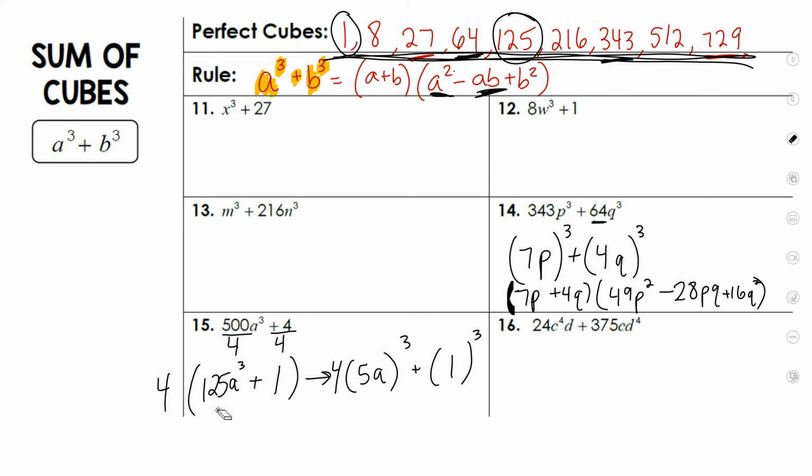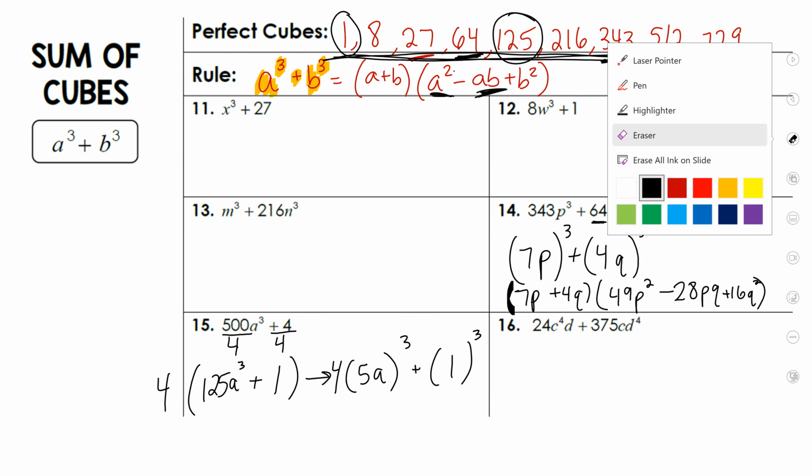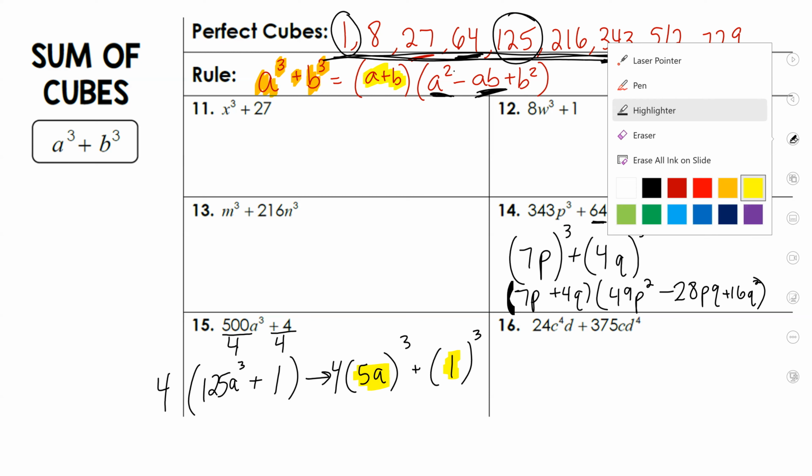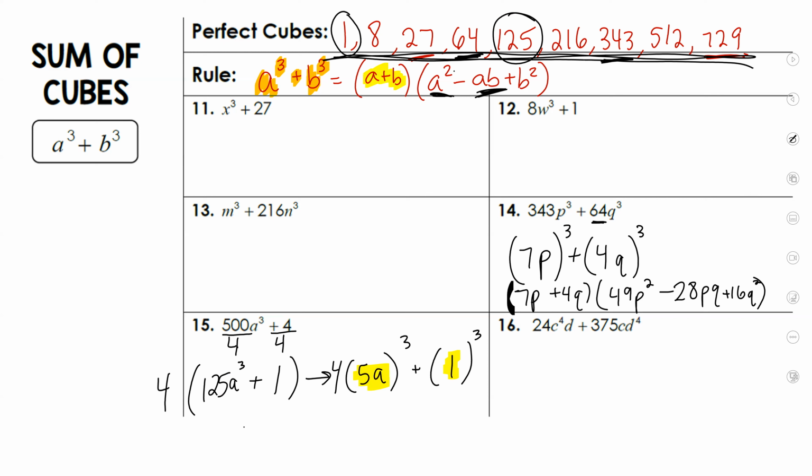Okay, so let's do the formula. The formula calls for a plus b. This is the a value, and this is the b value. So we add those together. So my first parentheses will be 5a plus 1. That's a plus b.